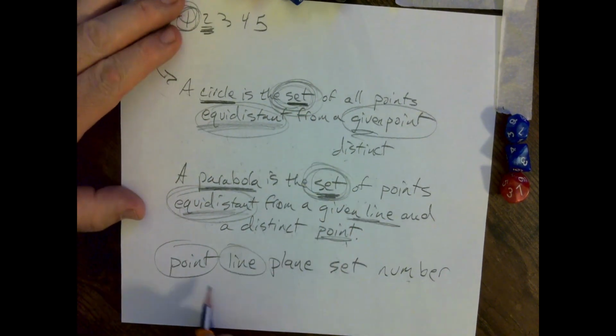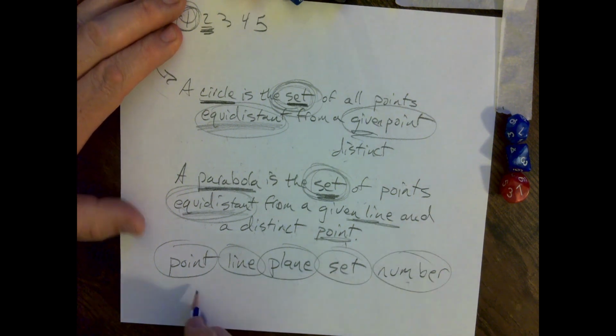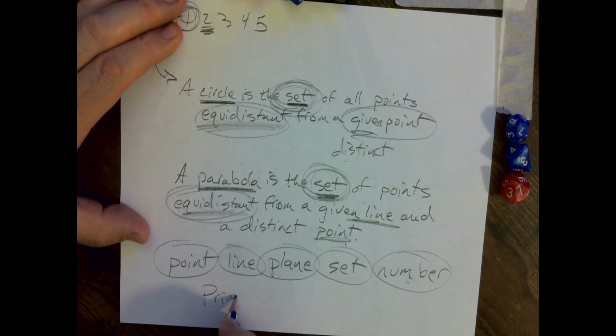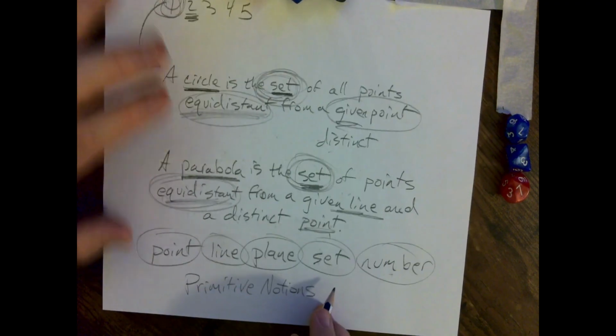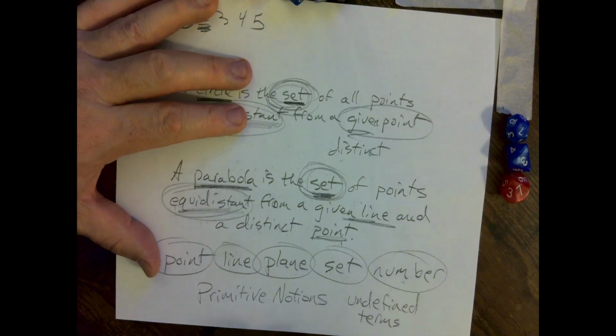right? Because we have point, line, plane, set, number. These are what's called primitive notions, right? The most basic of ideas. And these are the undefined terms. Right?